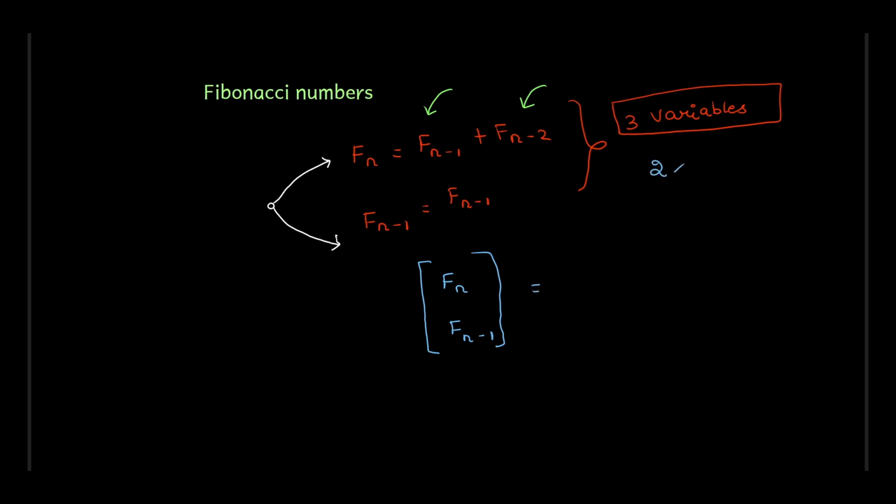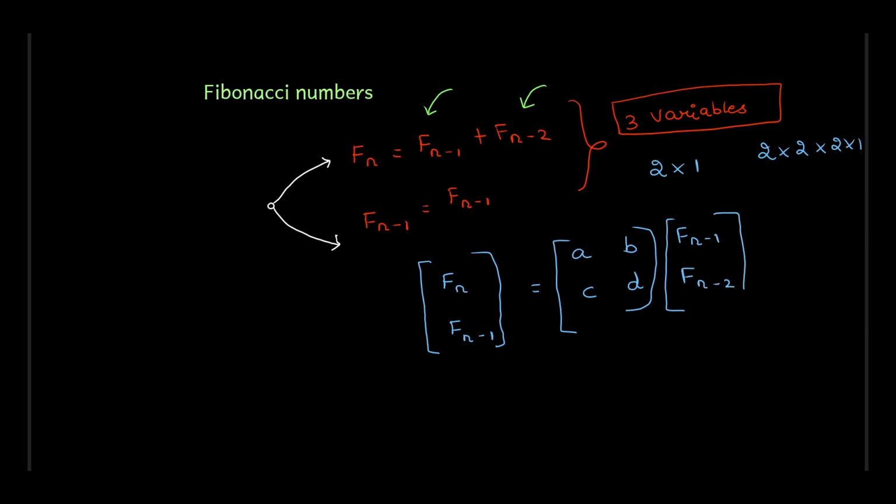On the right hand side, you would need something, let's say 2 cross 2 into 2 cross 1, so that the final product is 2 cross 1. So, okay, we are looking for such a matrix, let's say A, B, C, and D. And the variables are this: f of n minus 1, f of n minus 2.